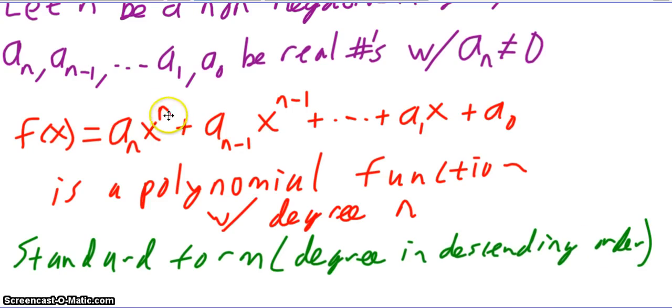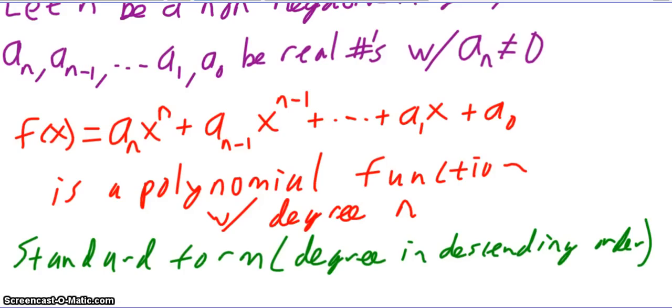So that means that n is the largest exponent on any x value. That's why it's the degree of the polynomial. We have many types of polynomials. It can be any degree we want. You know, a linear function is a polynomial of degree 1. A constant function is a polynomial of degree 0. A quadratic function, which we're going to focus on next, is a polynomial of degree 2.